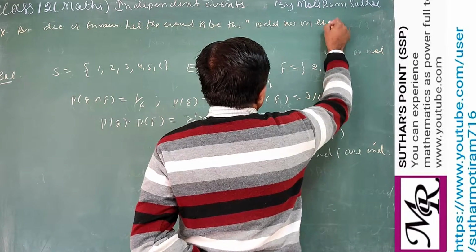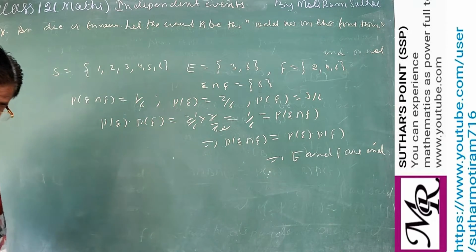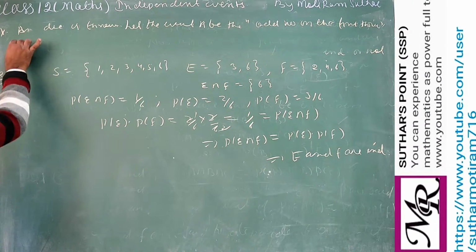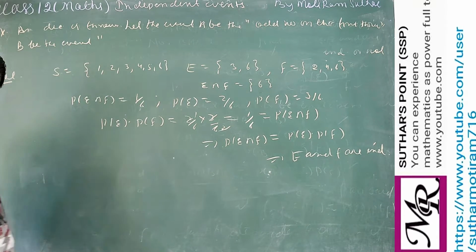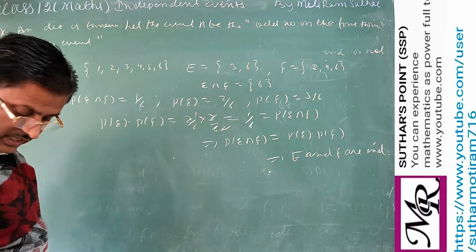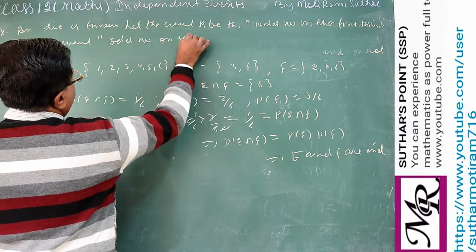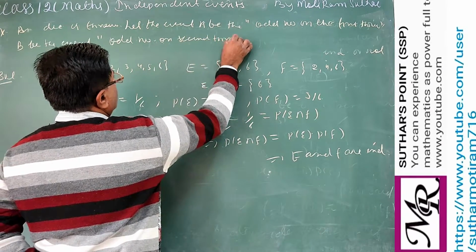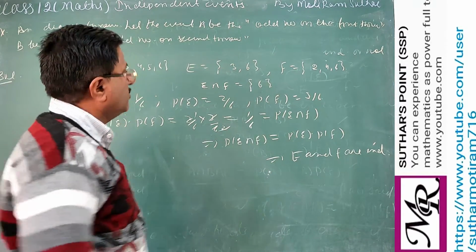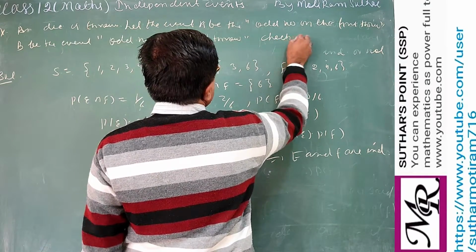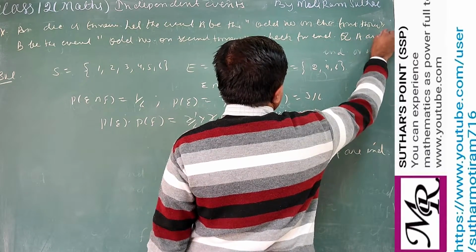Let B be the event, an odd number on the second throw. Now check the independence of the events. Check for independence of events A and B.